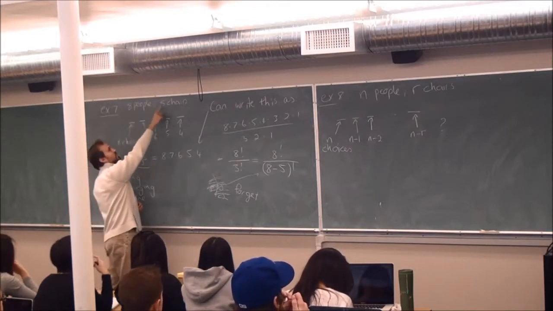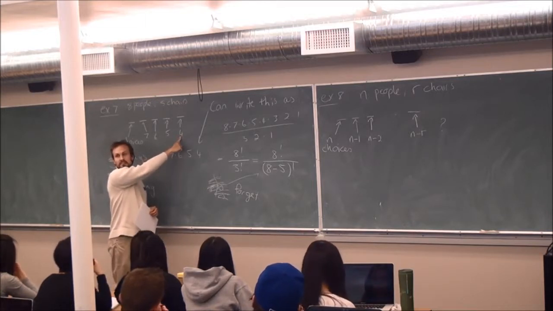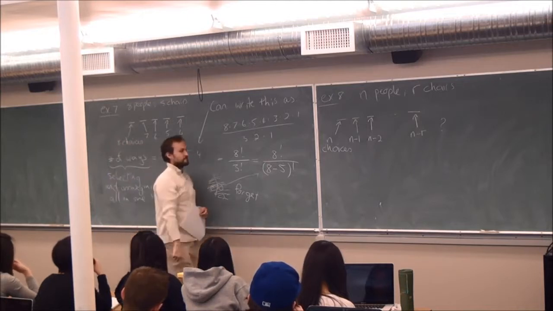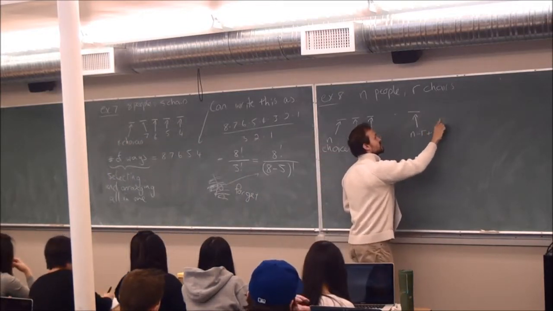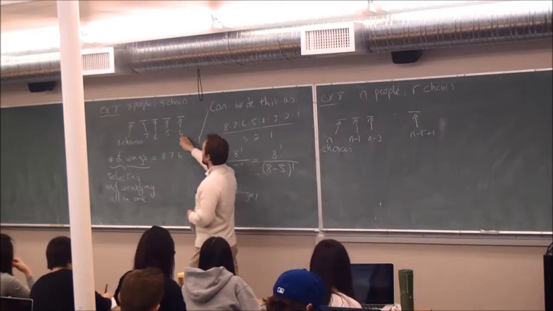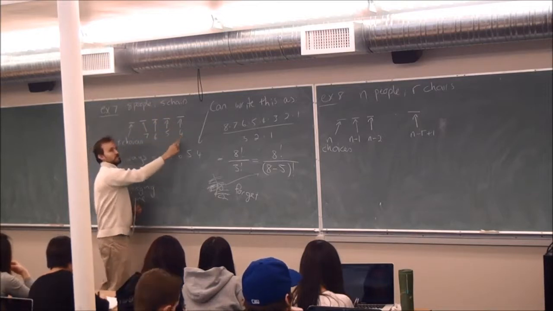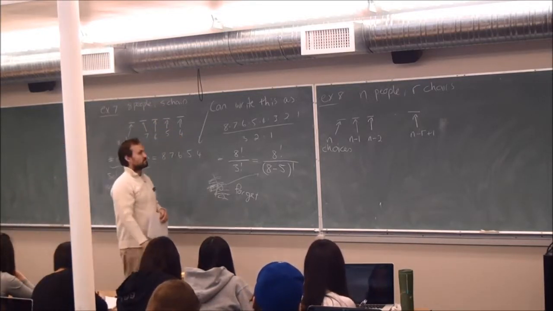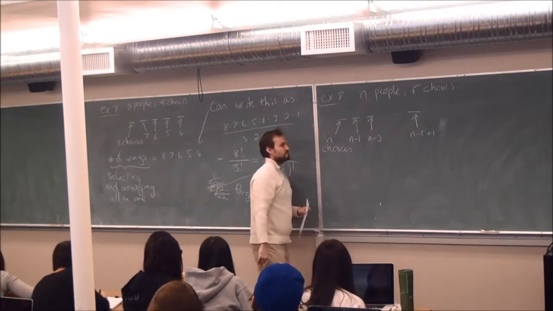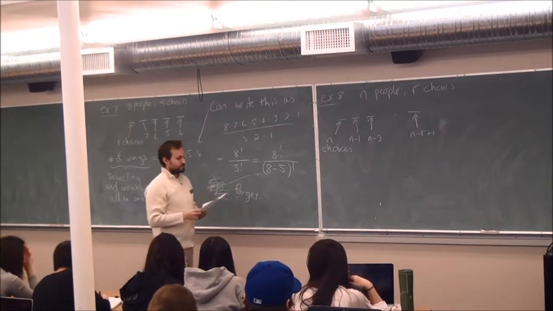If N is 8 and R is 5, is this N minus R? No, it's 1 off. It's 1 more than that. So I have to have a plus 1 here to make it fit with the actual number example. And you can try different numbers. It's only going to be 1 more than N minus R. Again, don't freak out. I'm never going to ask you to reproduce this. I do want to write it at some point on the board.